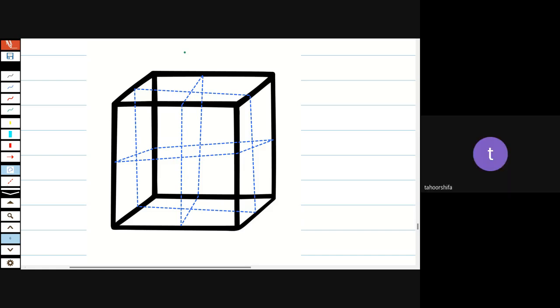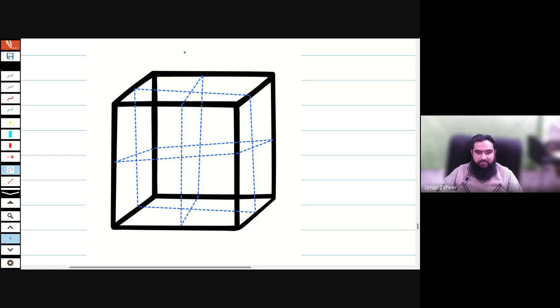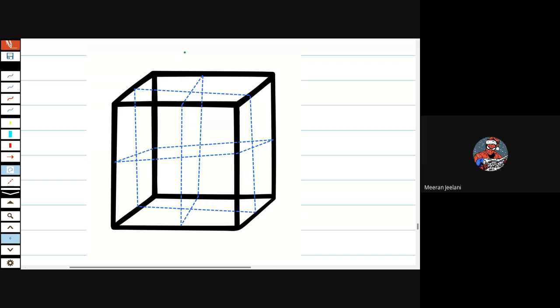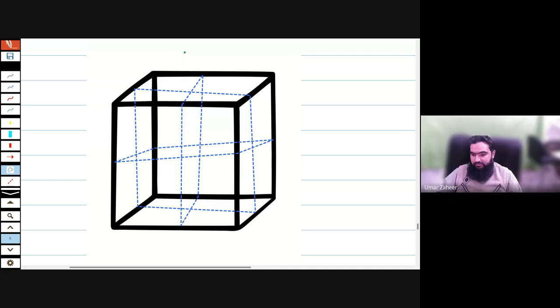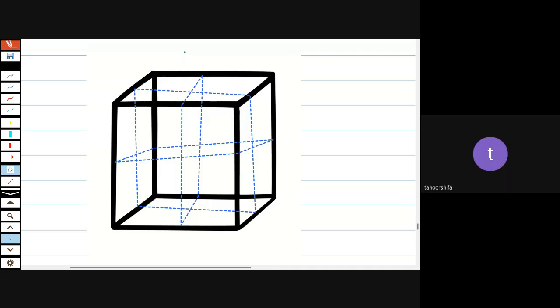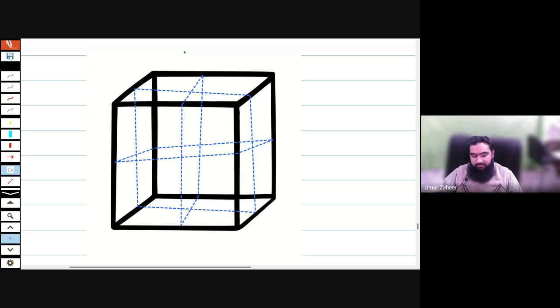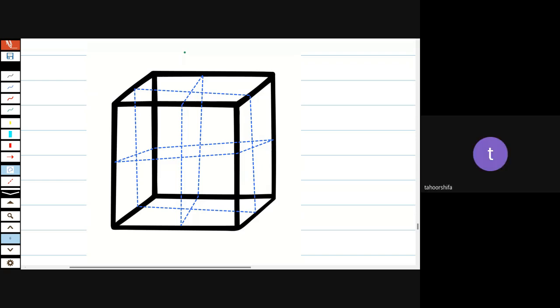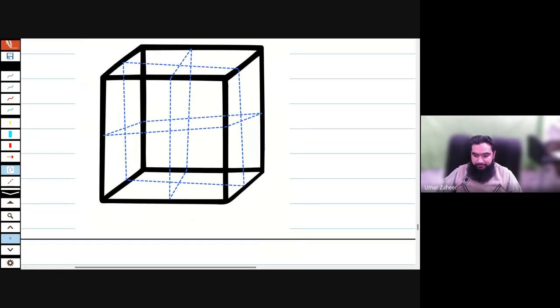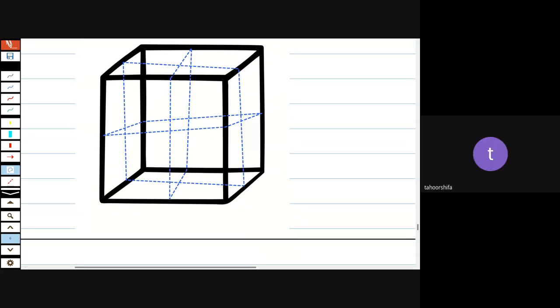How many planes of symmetry are there? Three here, and six in the diagonals.